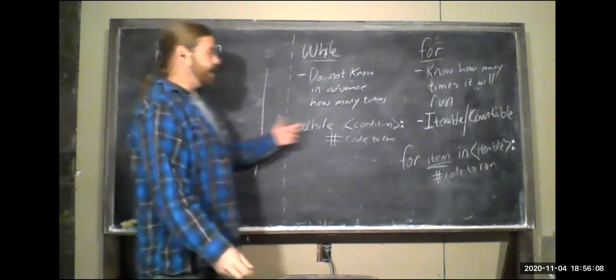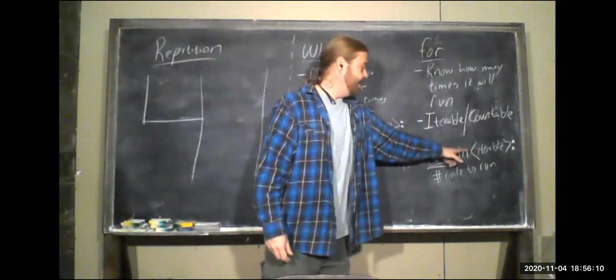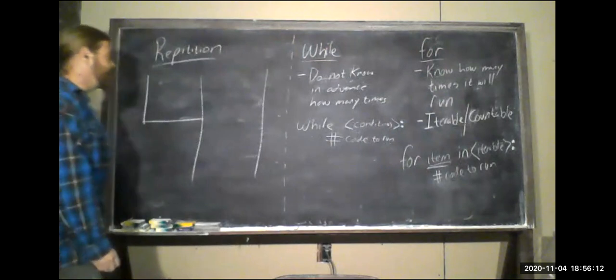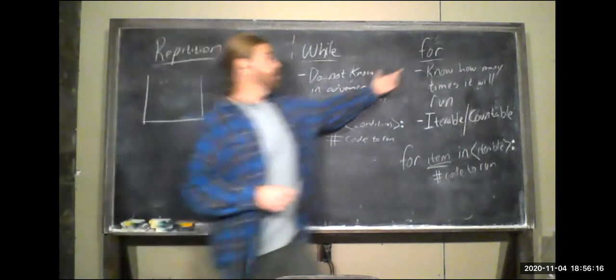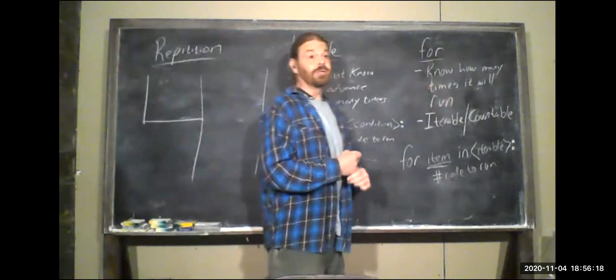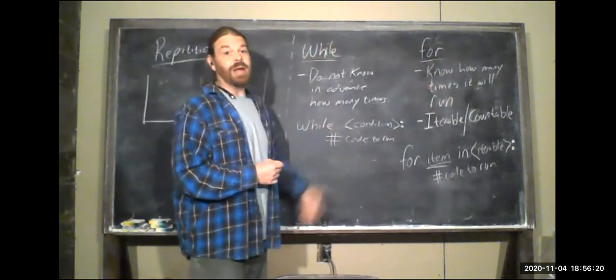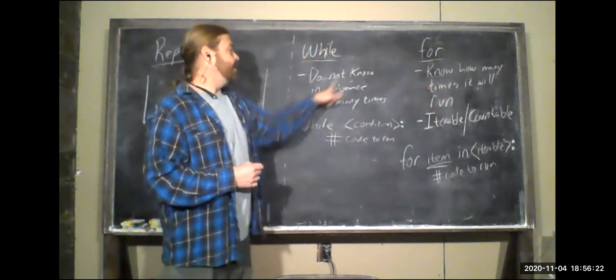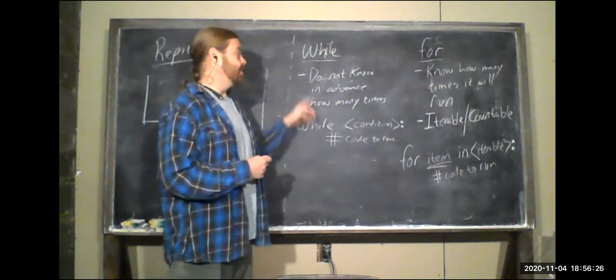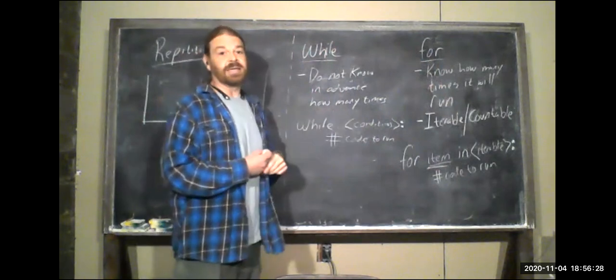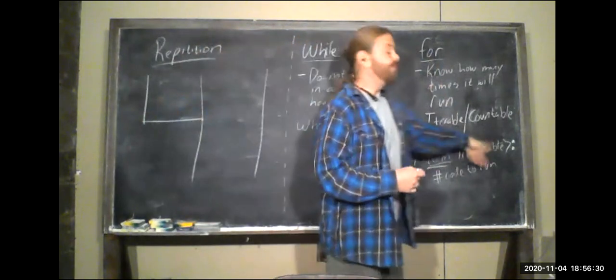Our textbooks really like to use numbers in a for loop, and I wanted to make a big deal out of that because typically for loops are for when we don't have numbers, and while loops are for when we have numbers, that we do not know in advance. We're going to manipulate those numbers until we get a true condition. Whereas a for loop is for an iterable.